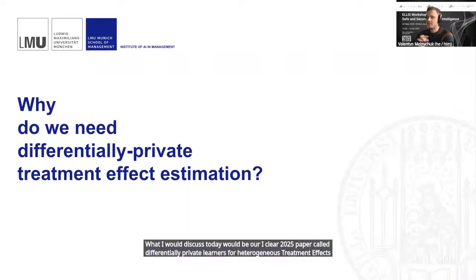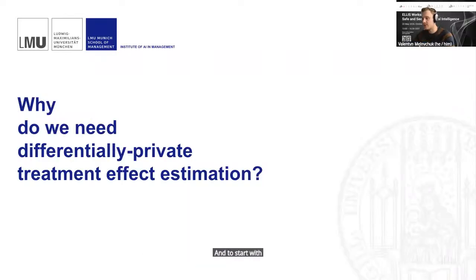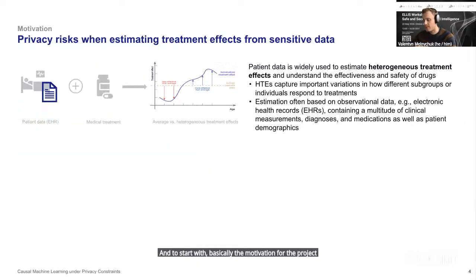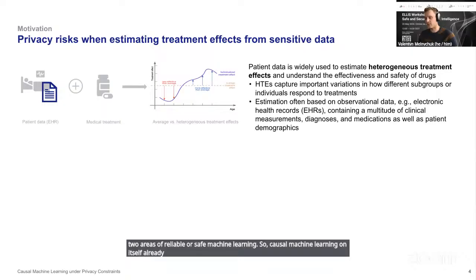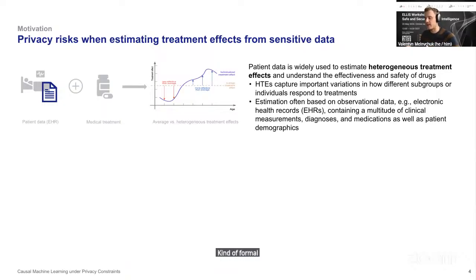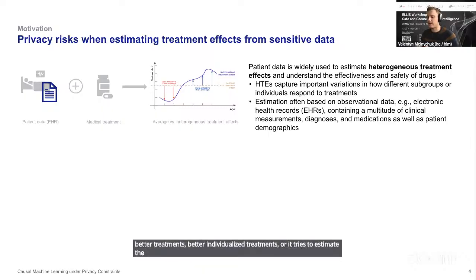To start with, the motivation for the project. The project itself combines two areas of reliable or safe machine learning. Causal machine learning on its own already formalizes the idea of decision making, or how we can make better, individualized treatments, or it tries to estimate the treatment effects from data in a very reliable and formal way.